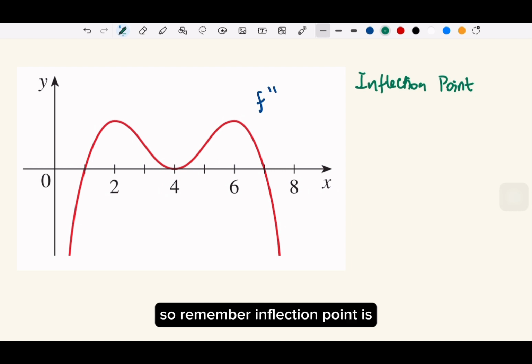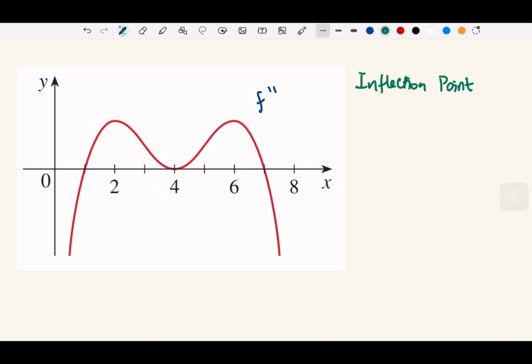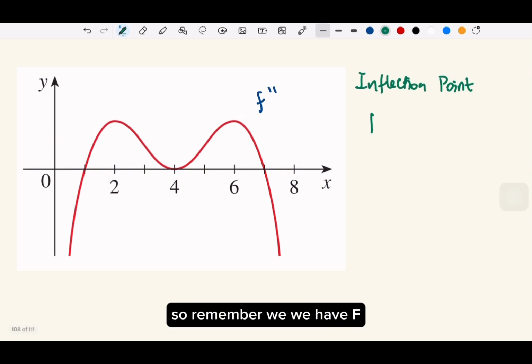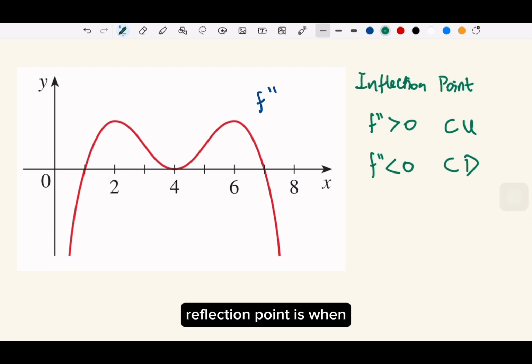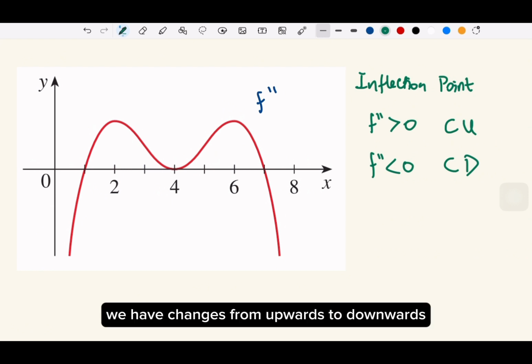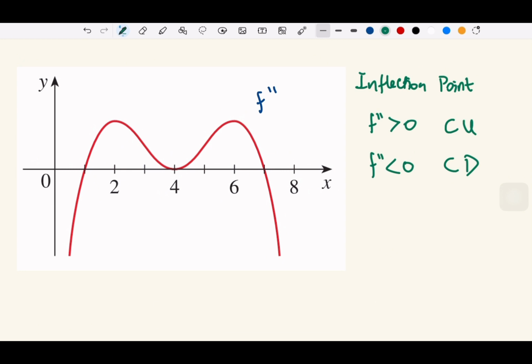Okay. So remember, we have f. We say this is concave upwards, right? We have this. We say concave downwards, right? Inflection point is when we have changes from upwards to downwards or from downwards to upwards.